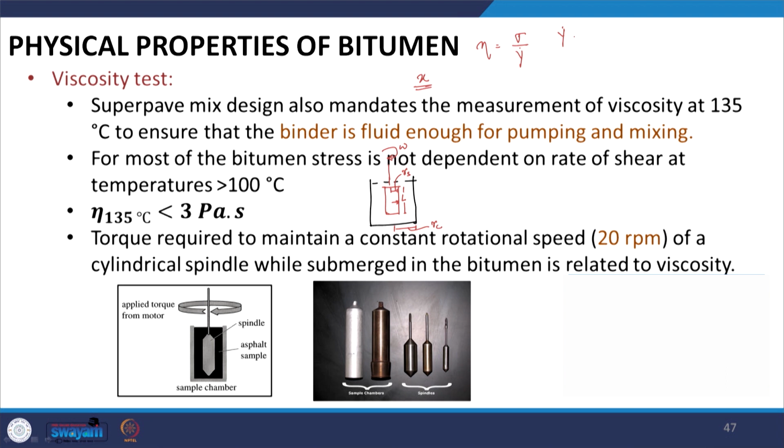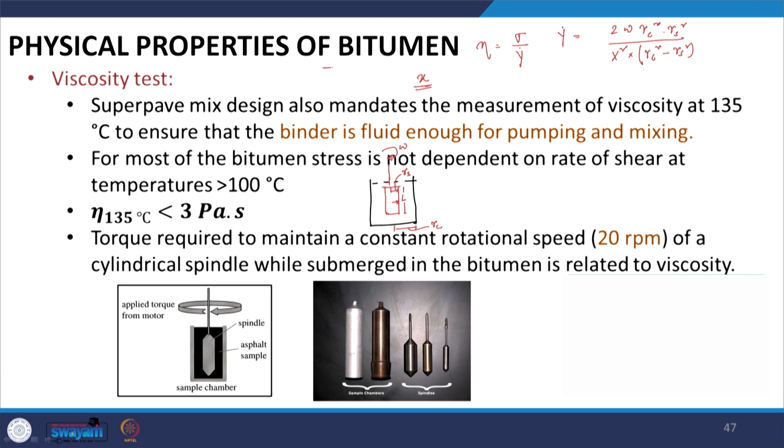Here the shear rate which is applied can be calculated as 2 omega Rc square into Rs square, divided by x square into Rc square minus Rs square. So, x is the distance from the center of the spindle at which we are trying to find out the viscosity. So, this shear rate can be derived, and stress.